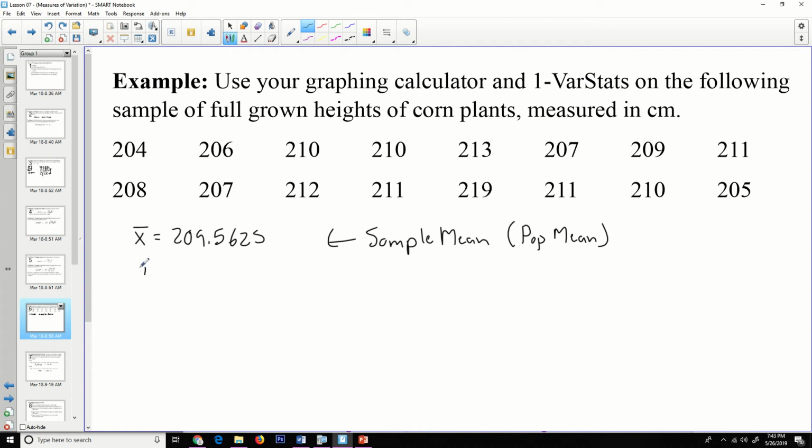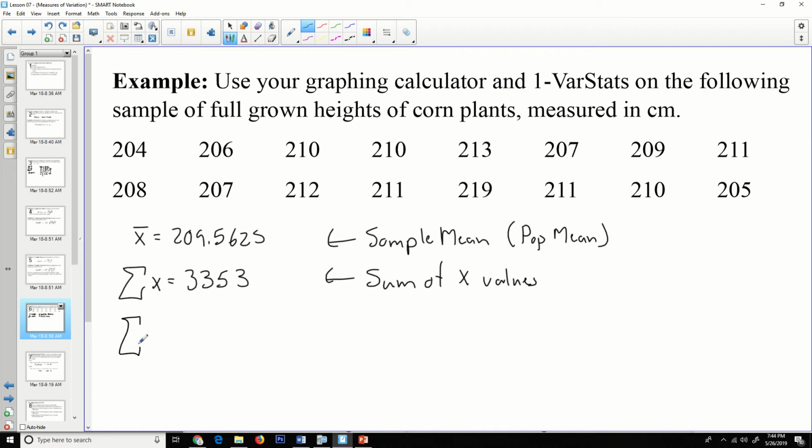The next one was the sum of the x's, and that turned out to be 3,353. So this is the sum of the x values. If I were to add all of these values up, that would be the sum.